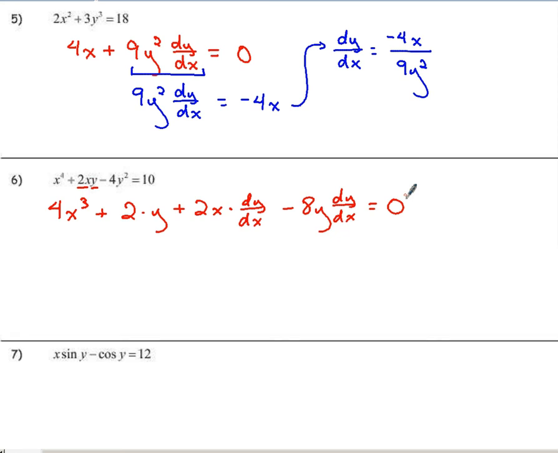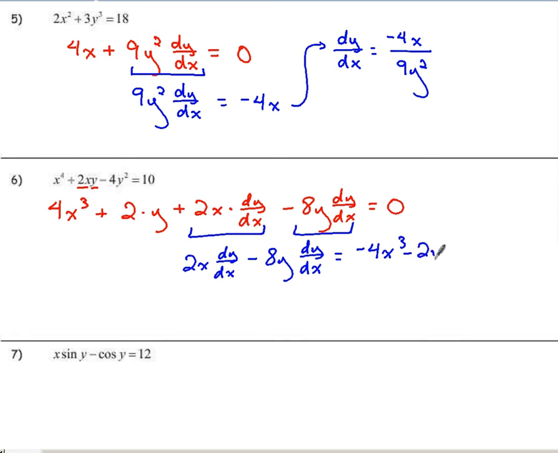Locate your dy/dx's. See what is attached to those dy/dx's through multiplication. Got the 2 terms here. We're going to isolate those terms on one side. We're going to move everything else over to the other side. So everything else would include the 4x cubed, subtract that over, and the 2y, subtract that over.